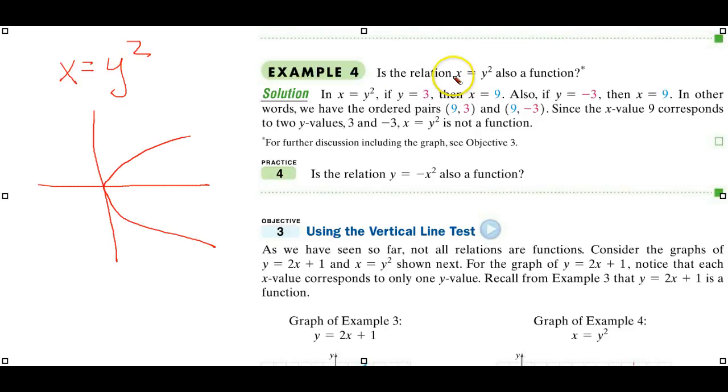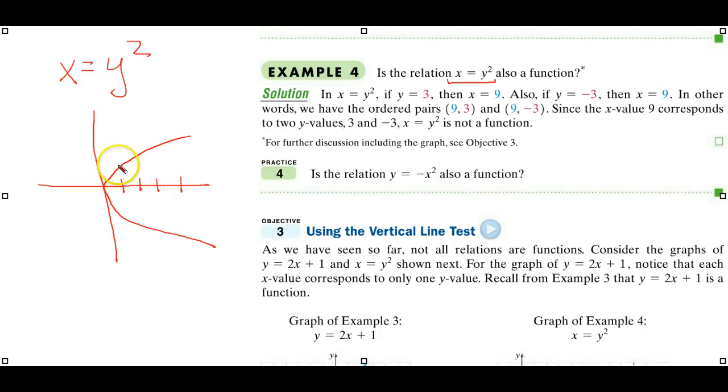In example 4, they're asking, is this relation also a function? Well, notice now this is not linear. And in fact, if we made a graph of this equation, it would look like this. Now, you might say, these are your x values.